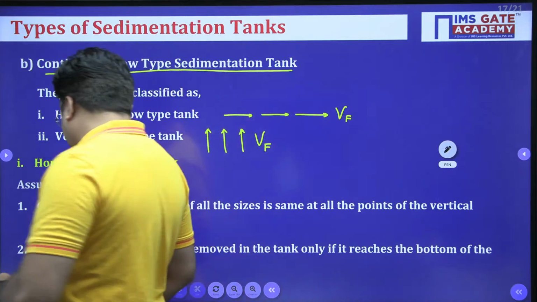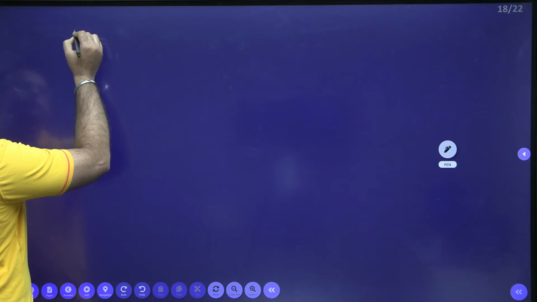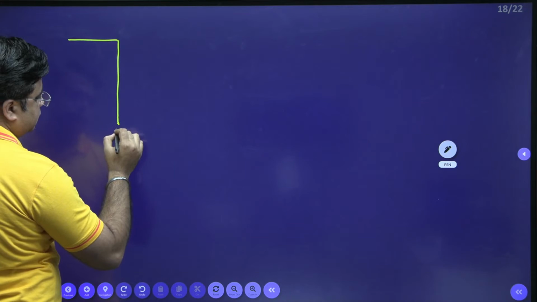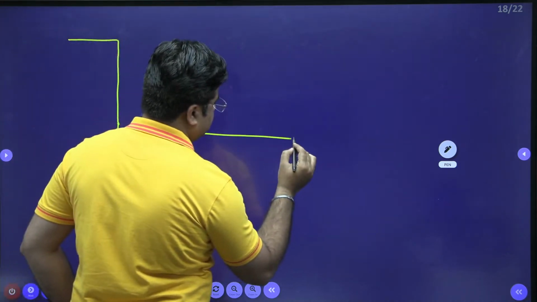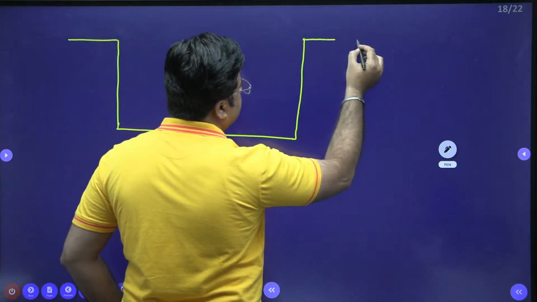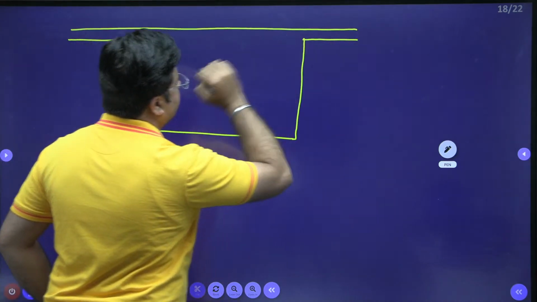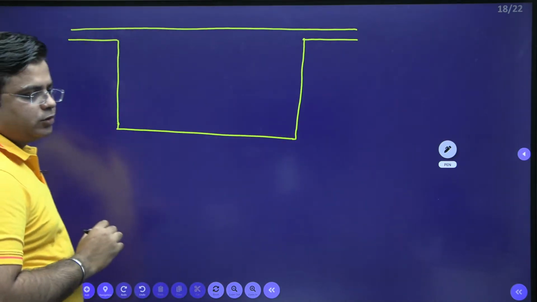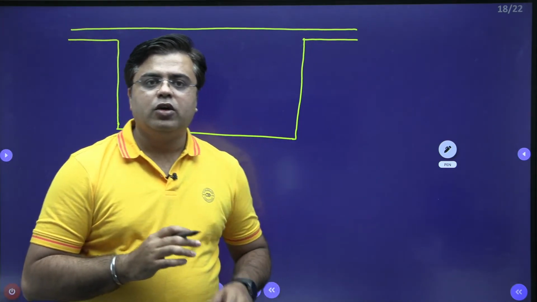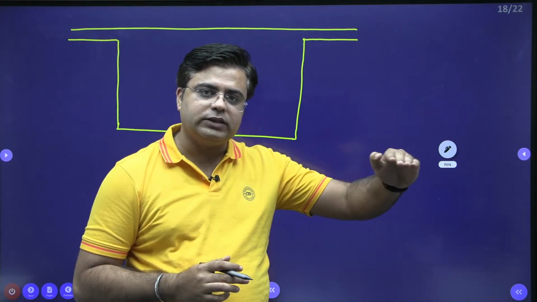Before starting this, I would like to discuss something else. This is my horizontal flow type tank. How have we defined a horizontal flow type tank? Horizontal flow type tanks are those in which we maintain the horizontal direction of flow.